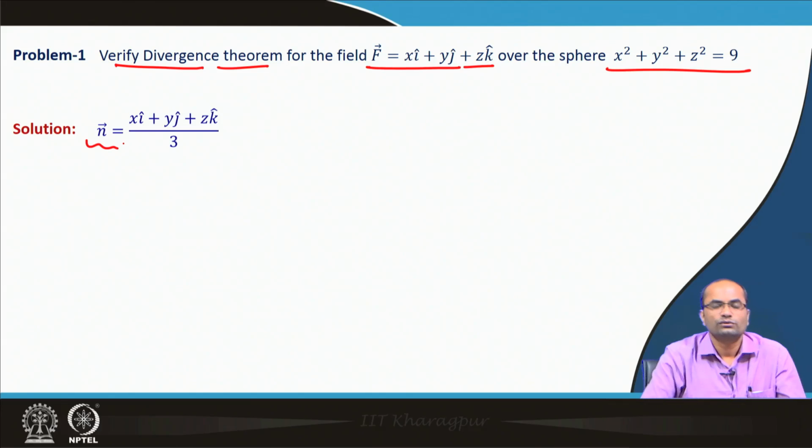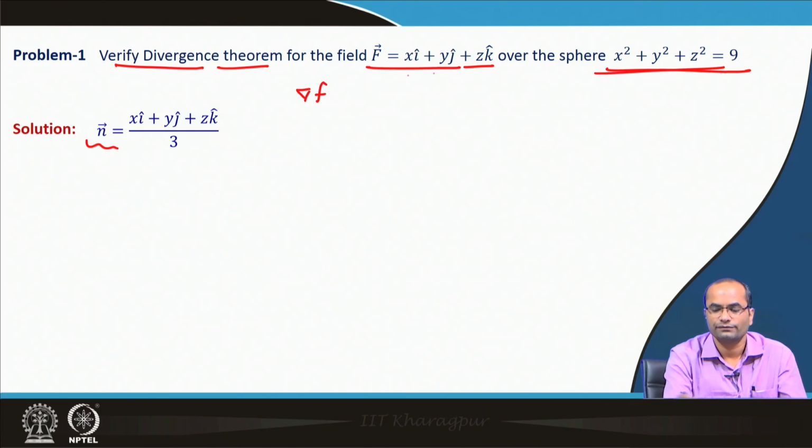For that we need to get the unit normal vector, because we need to compute f dot n. The unit normal vector on this sphere can easily be computed if we just get the gradient of f, where f is the given surface. If we compute this gradient, we have 2x with the i component, then 2y the j, and then 2z multiplied by the unit vector k.